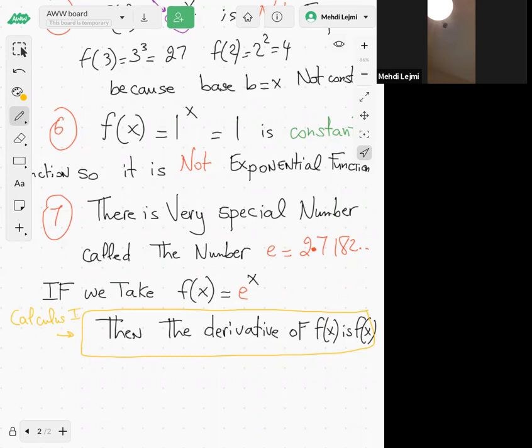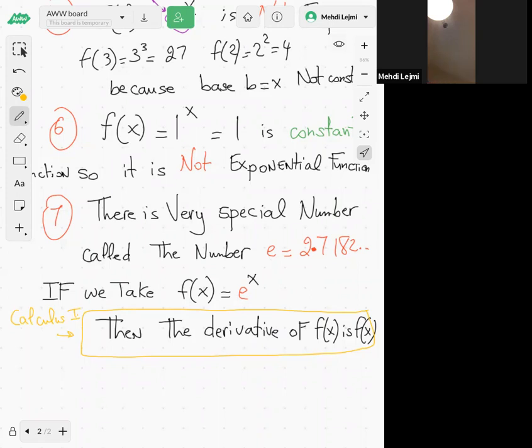But anyway, all you need to know for this section is that there's this special number e, which is 2.7 something. And this number e, we're going to use it later to solve our log and exponential equations.